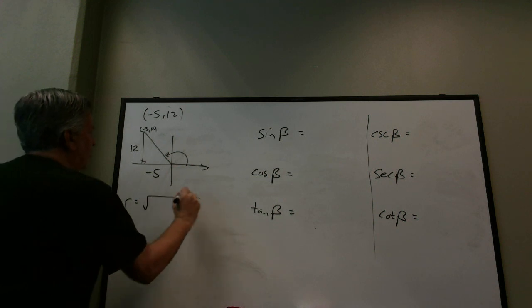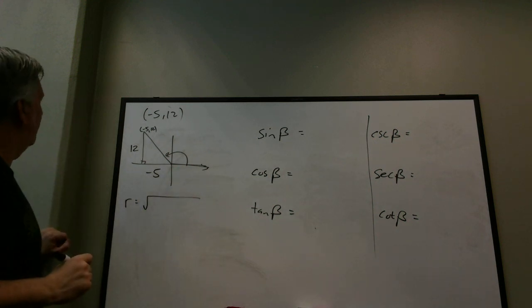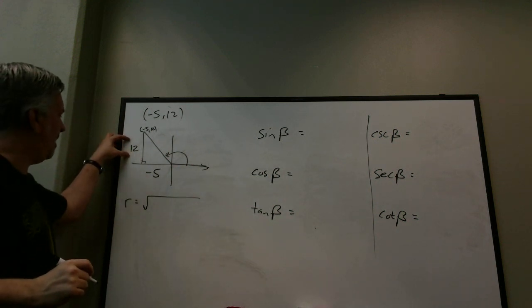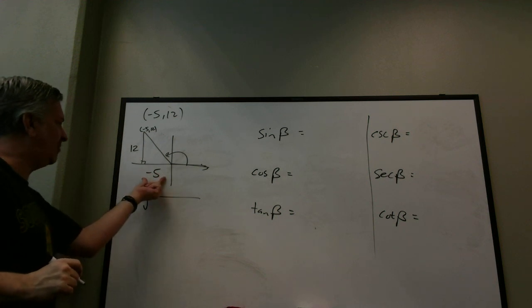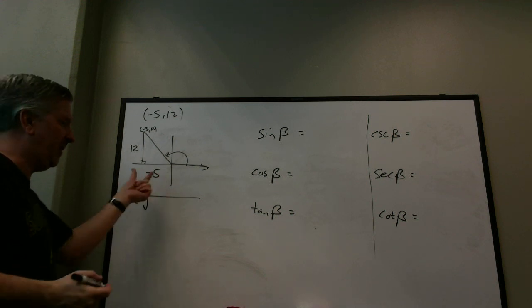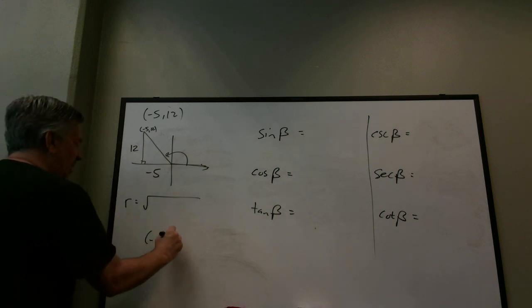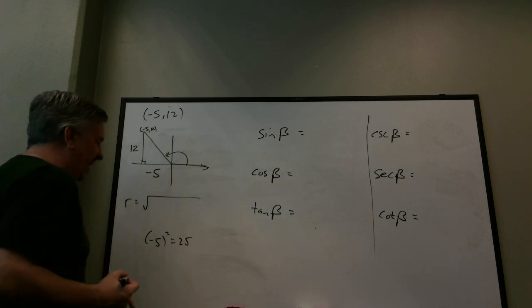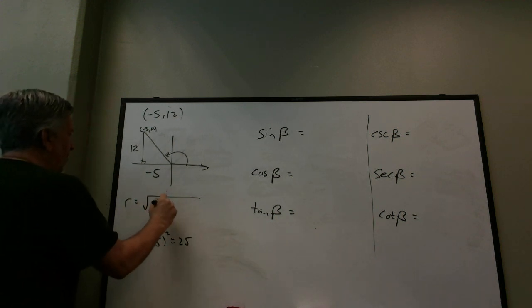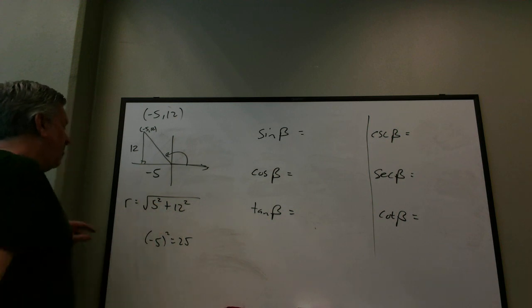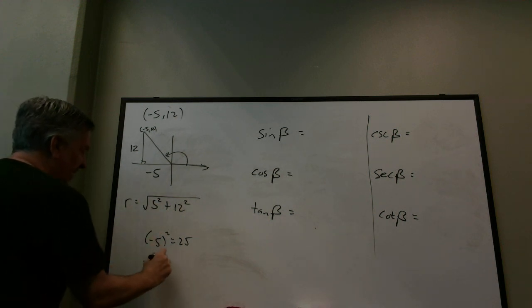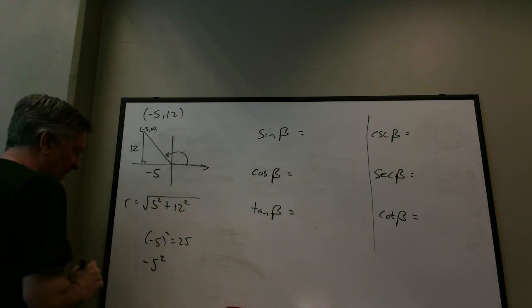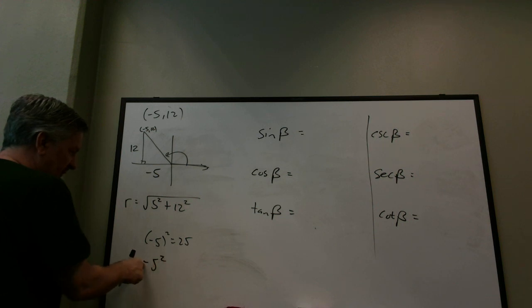R is the square root of, now it's x squared plus y squared. But -5 squared and 5 squared are the same thing, right? Because -5 squared is 25, which is the same as 5 squared. So I'm just going to write 5 squared. The reason why is students will often write this, which is not the same thing as this. Order of operations say do exponents first, then the negative.